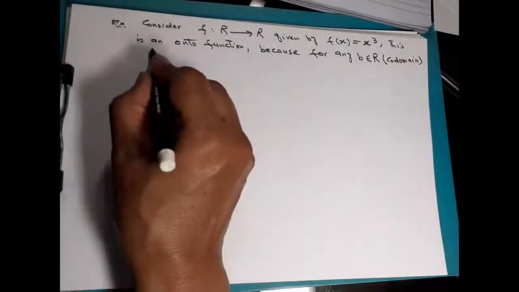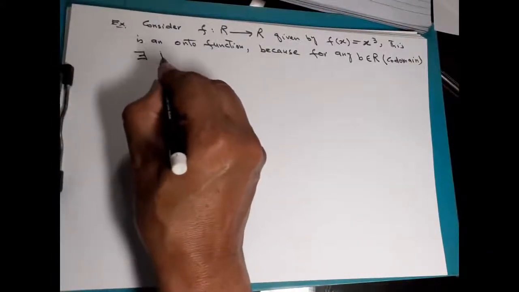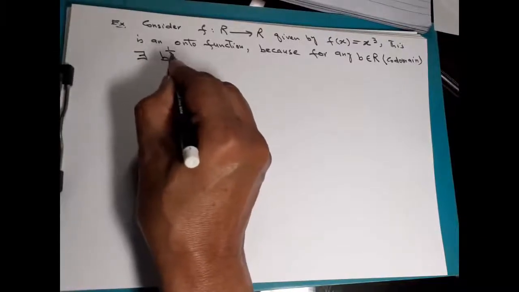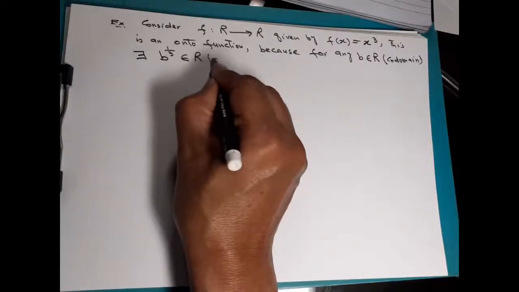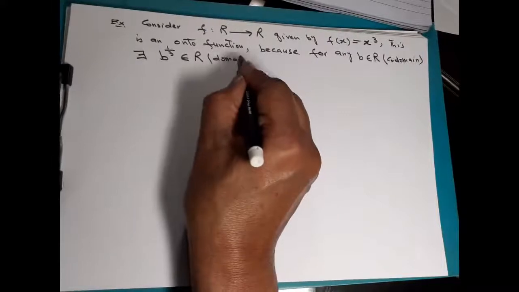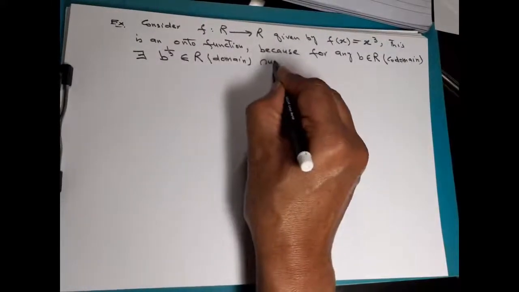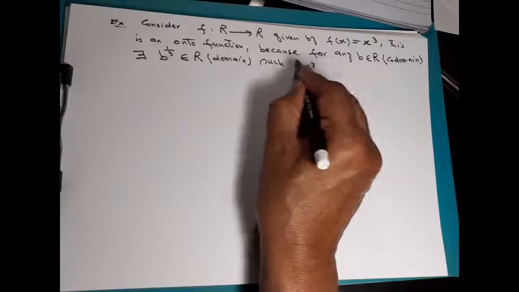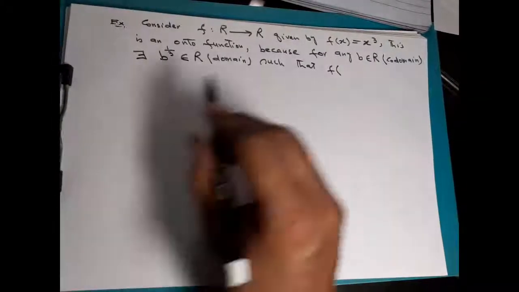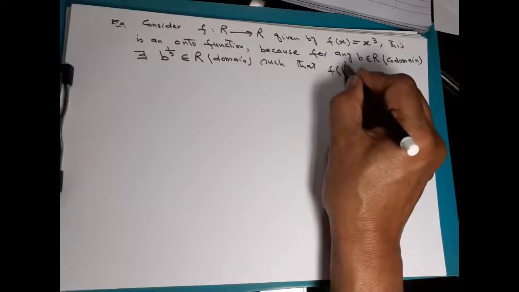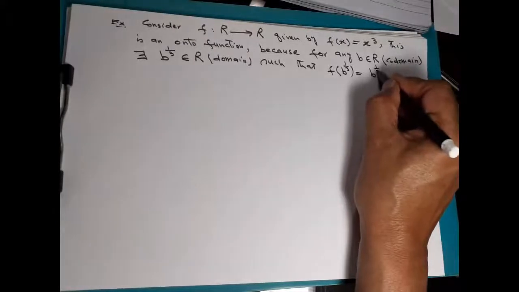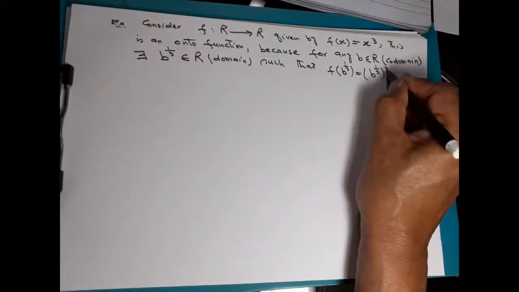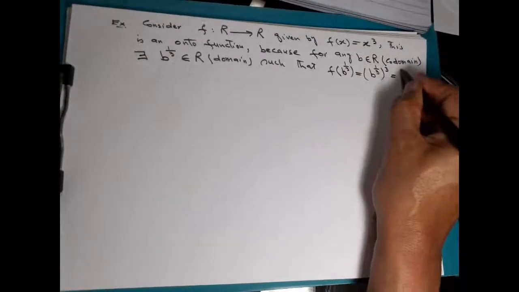So for any b belonging to codomain, there exists b raised to power 1/3 which belongs to R. This is domain, such that if we apply this function f on b raised to power 1/3, result is (b^(1/3))^3, because this is the way this function is defined, and this is equal to b.